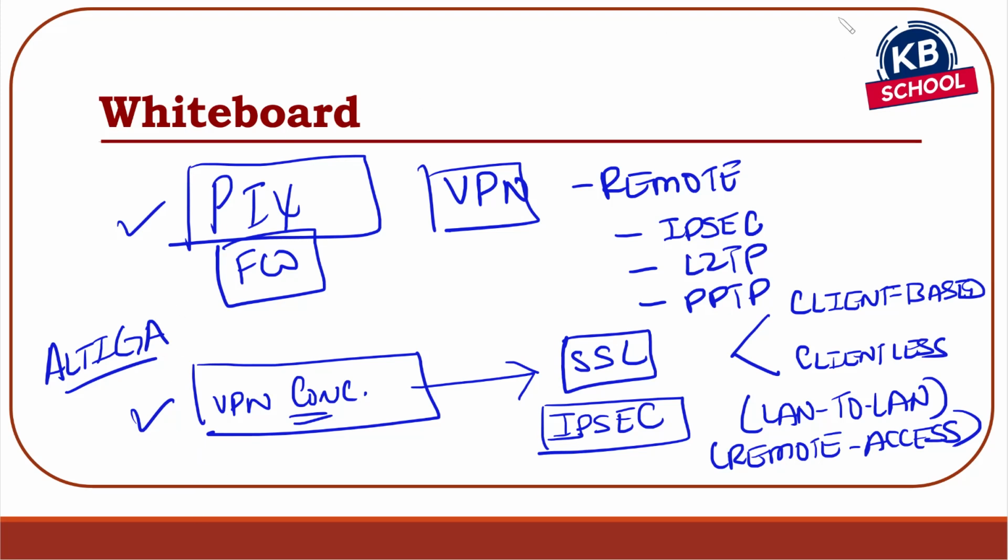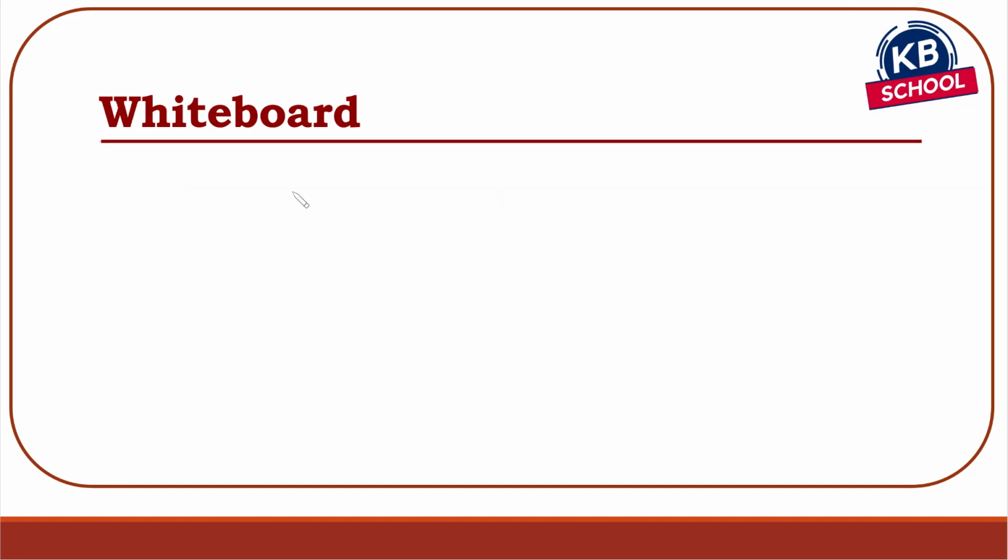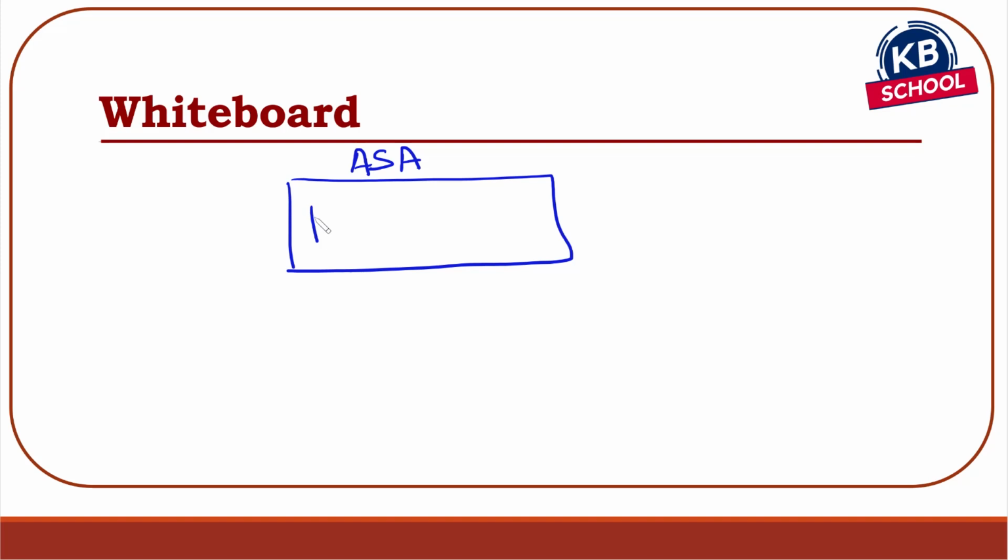And then in the early 2000s, they combined the capabilities of the two products into one, called the Adaptive Security Appliance, the ASA Appliance, which basically was a combination of the firewalling capabilities of the PIX firewall and the VPN capabilities of the VPN Concentrator. And that's what the ASA firewall is all about.